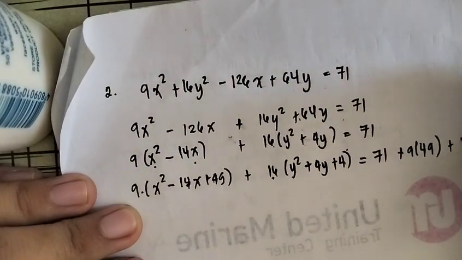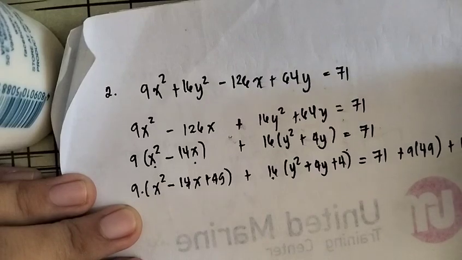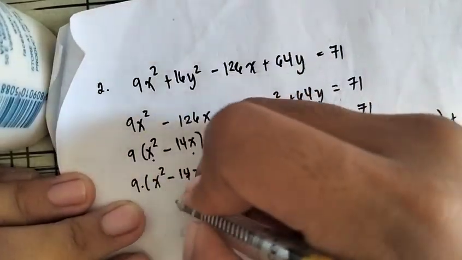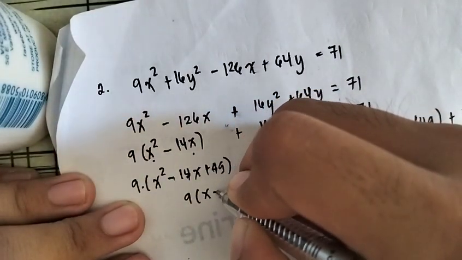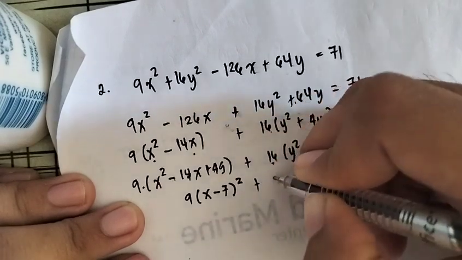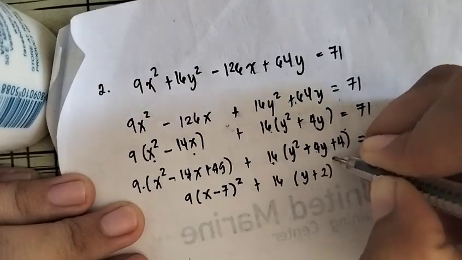So, plus 4 times 16. Kani, minhimo na ni siyang copy si 9 x minus 7 squared plus 16 y plus 2 squared.